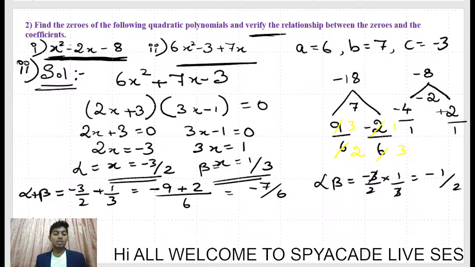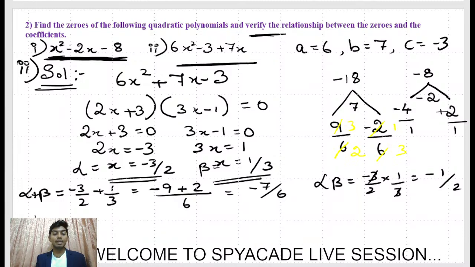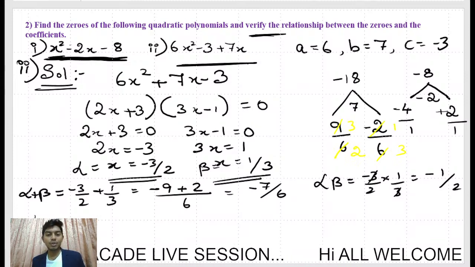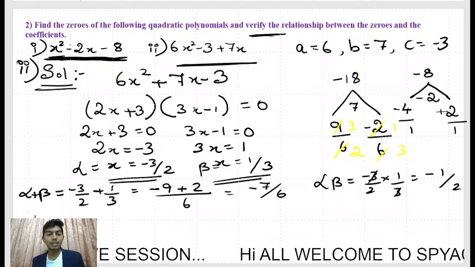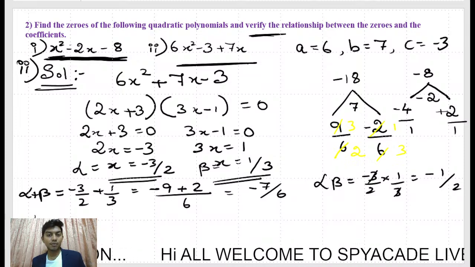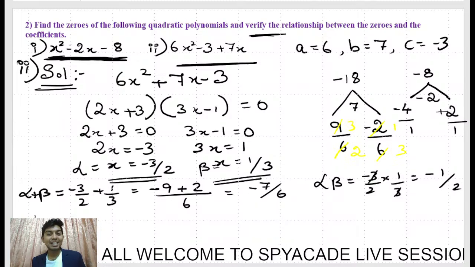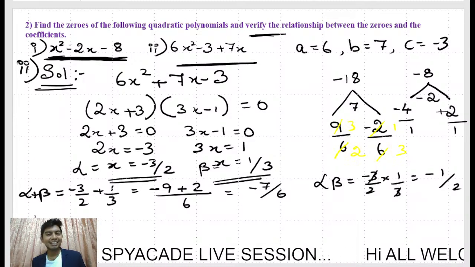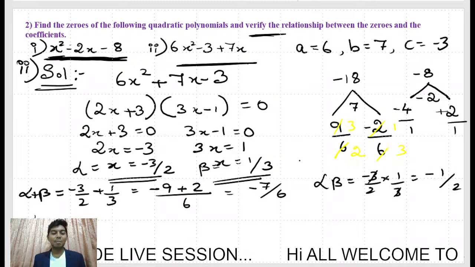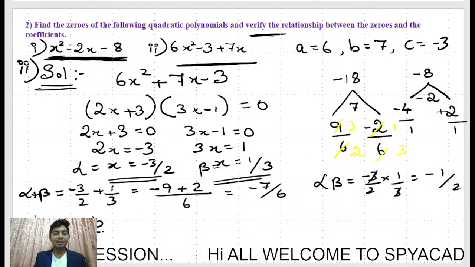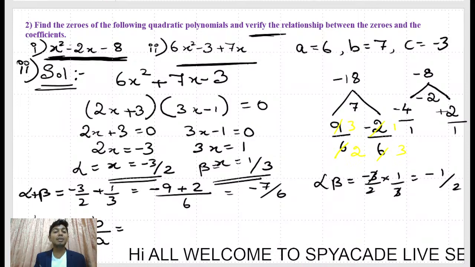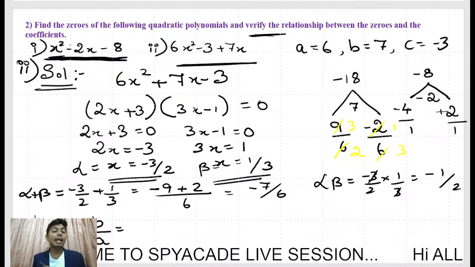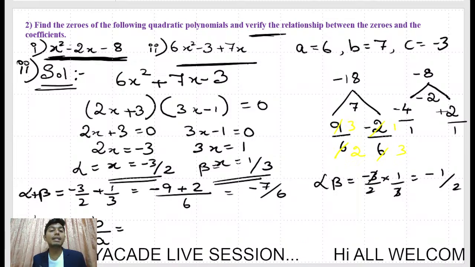Now we are going to use the formula. Alpha plus beta is equal to, put your answer in the comment box. Alpha plus beta is equal to what? Minus b divided by a. What is b and what is a? B is the coefficient of x, and a is the coefficient of x square.